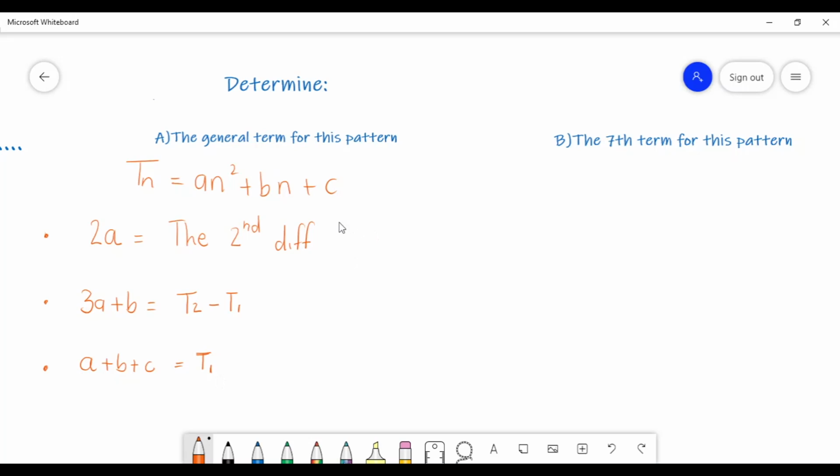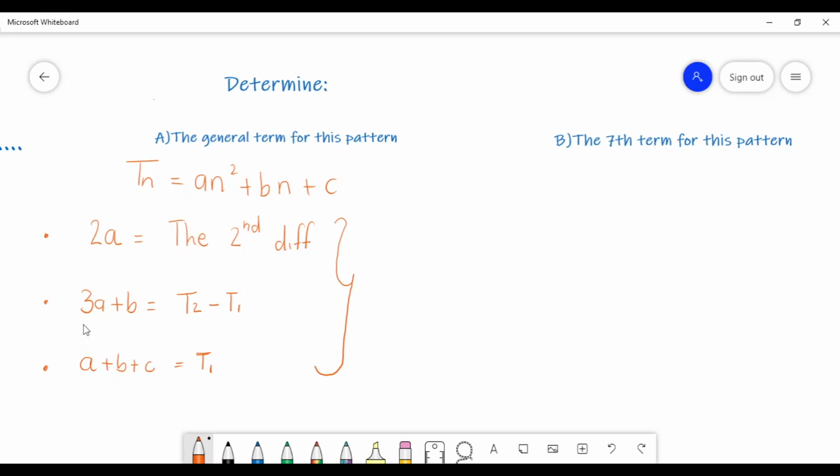Okay, so guys, this is very, very important. You need to remember this, okay? To determine the general term for this pattern, these are the steps you need to take. You need to remember that 2a is equal to the second difference.